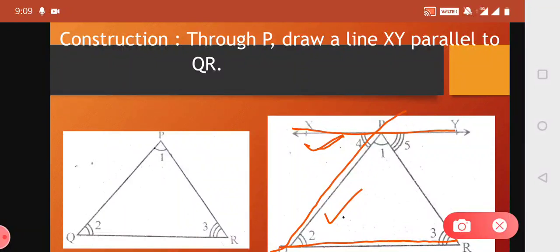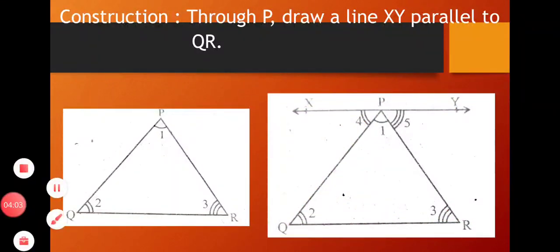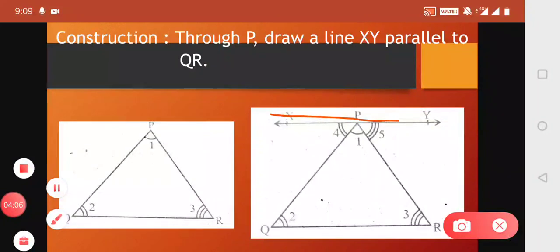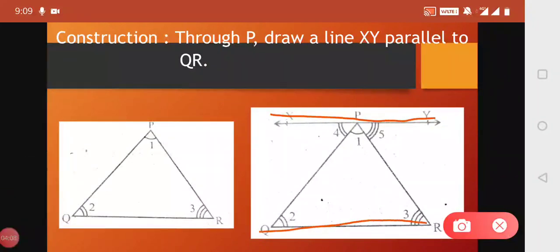Similarly, now we will select XY parallel to QR again, but this time we select PR as the transversal.